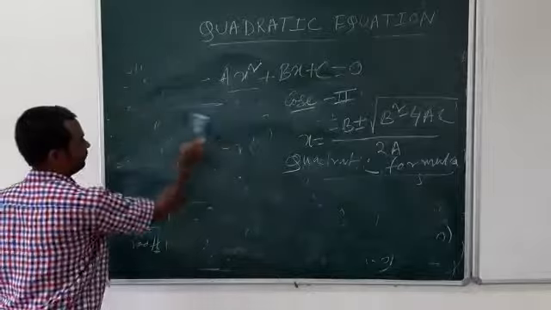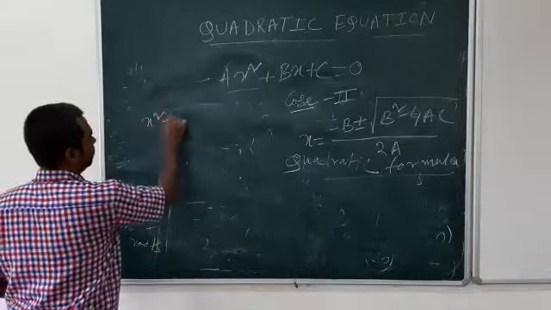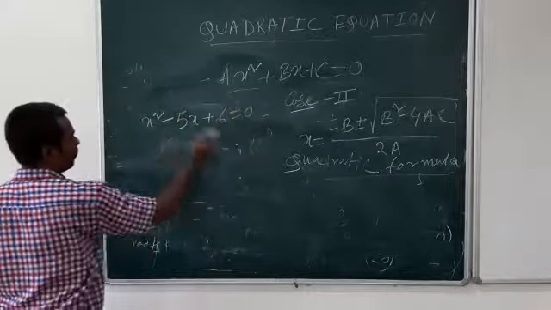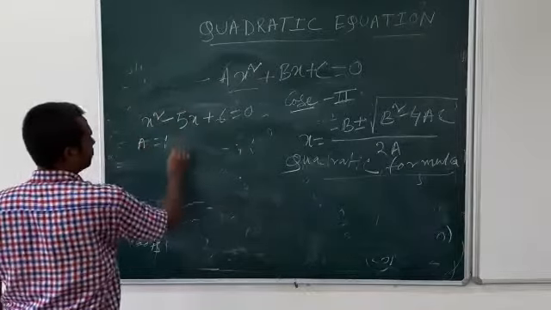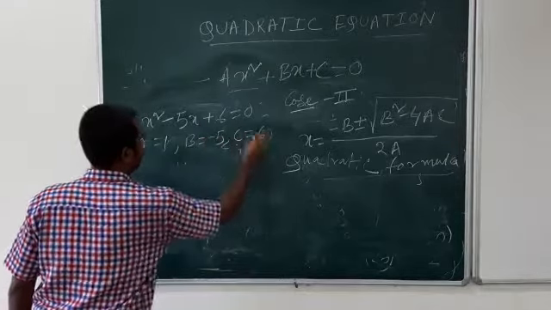One example, x square minus 5x plus 6 is equal to 0. Comparing, a is equal to 1, b is equal to minus 5, c is equal to 6.